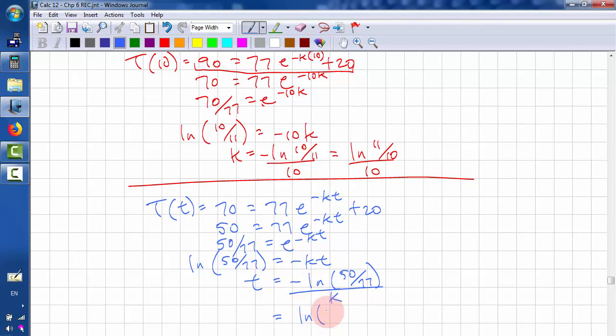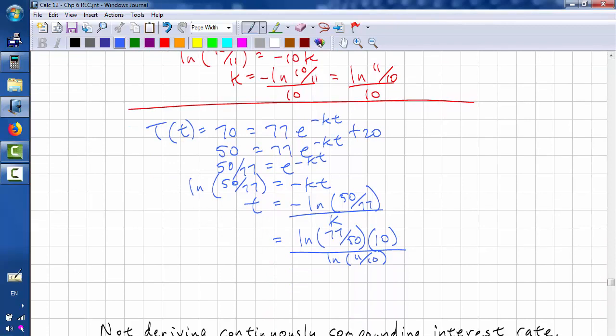Ln(77/50). And k equals this, so that means 10 comes into the numerator, and we have ln(11/10). Please leave everything as fractions. Do not use decimals. Otherwise, you'll round inadvertently and lose precision. We have this expression without any rounding.